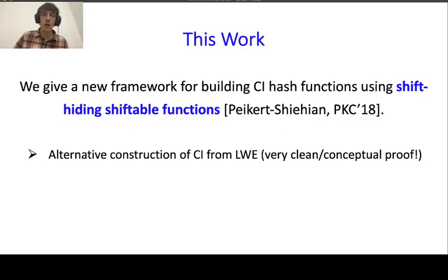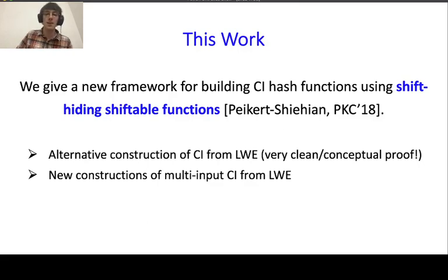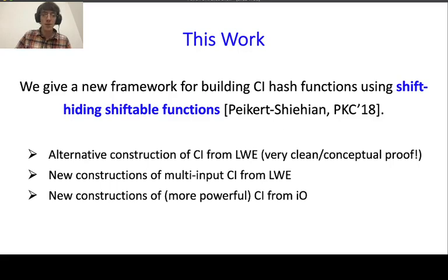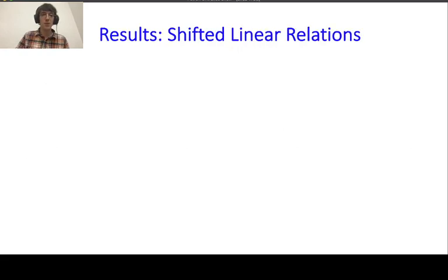But in terms of new results, we build various kinds of multi-input correlation intractability. First, a class of constructions from lattice assumptions again, and then a broader class of constructions from making use of indistinguishability obfuscation plus additional standard assumptions. So these are the new things that we built.